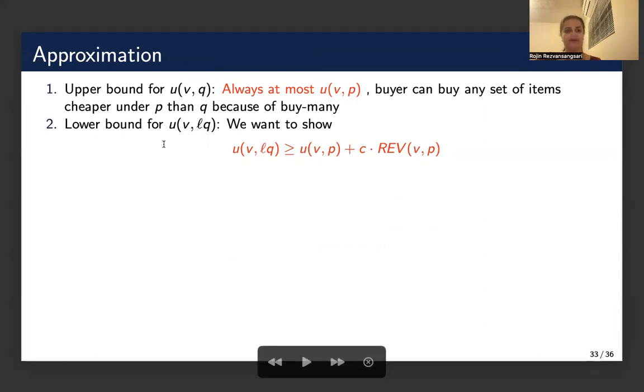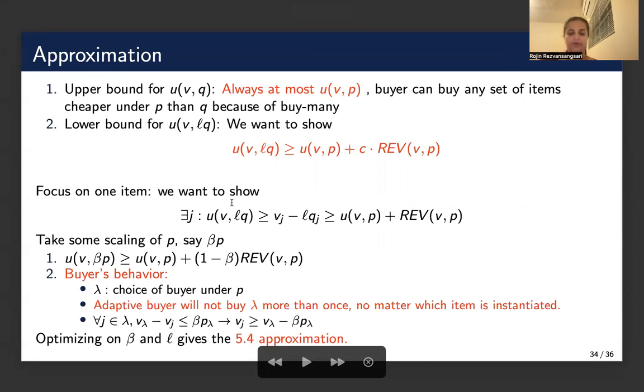For finding a lower bound for u(v, LQ), we want it to be in this format, where it is u(v, P) plus some fraction of the revenue of v under P, so that u(v, P) gets canceled out and we remain with this factor of revenue of P.